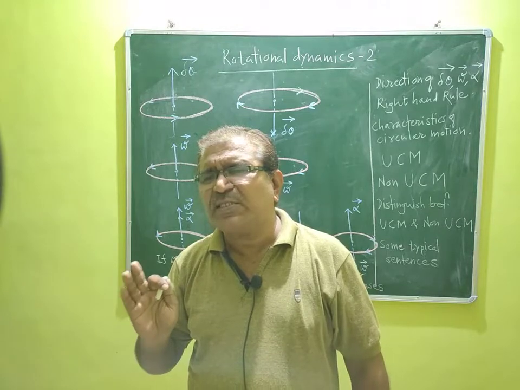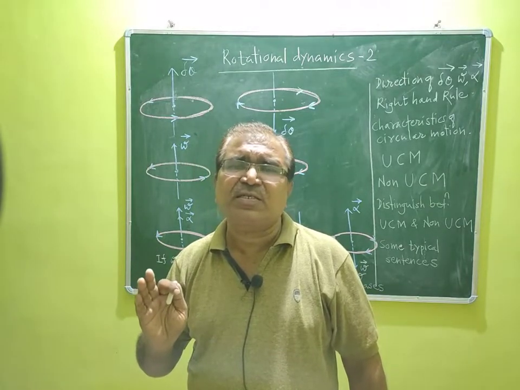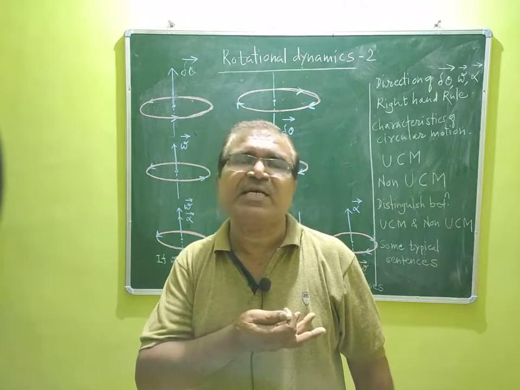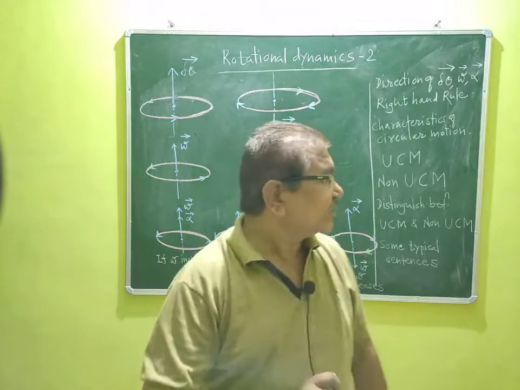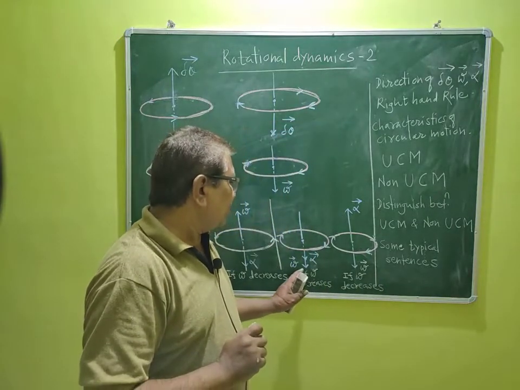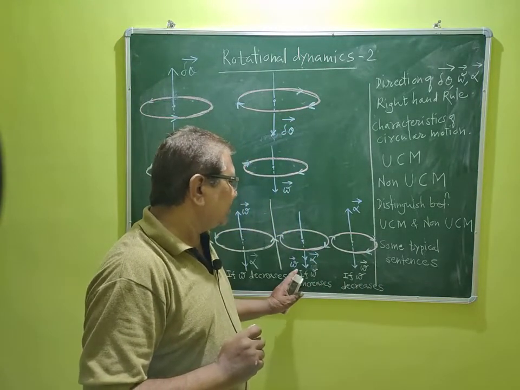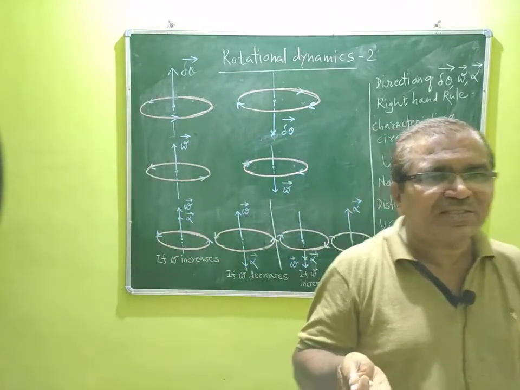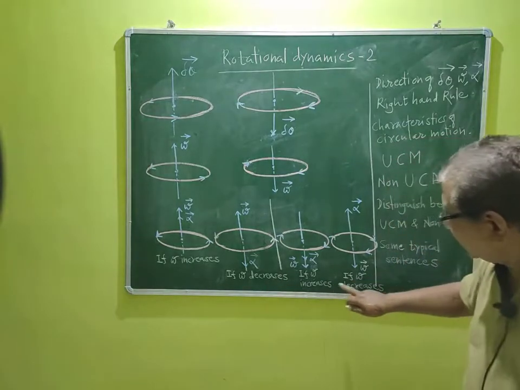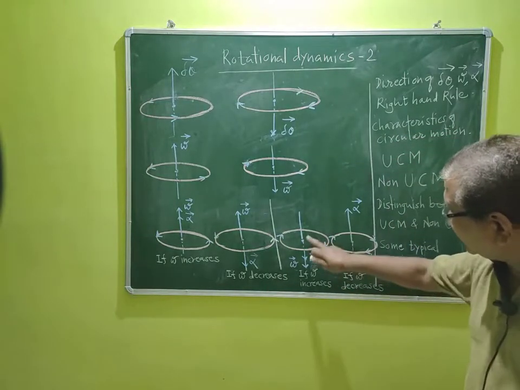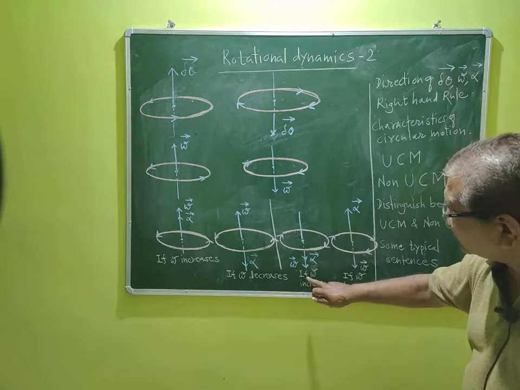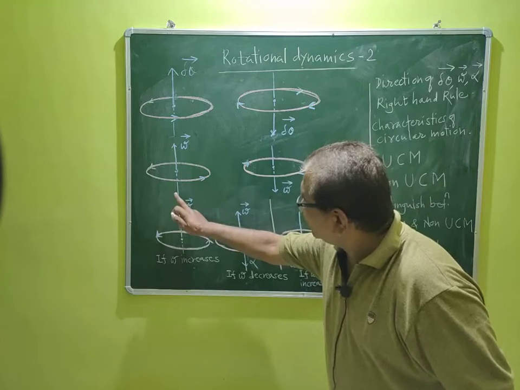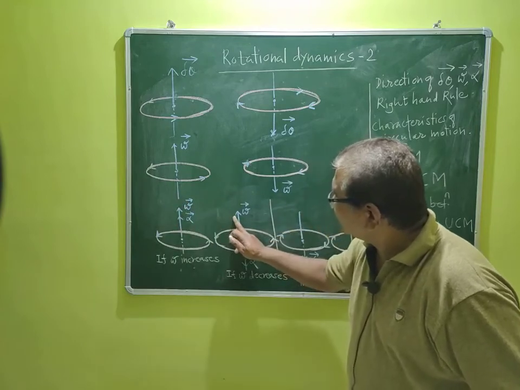Most interesting and important sentence, the conclusion we have drawn from these four diagrams, dear guys. I will repeat again. The direction of the angular velocity is independent of change in angular velocity. Though omega increases or decreases, the direction of omega is downward. In the other case, though omega increases or decreases, the direction of omega is upward.